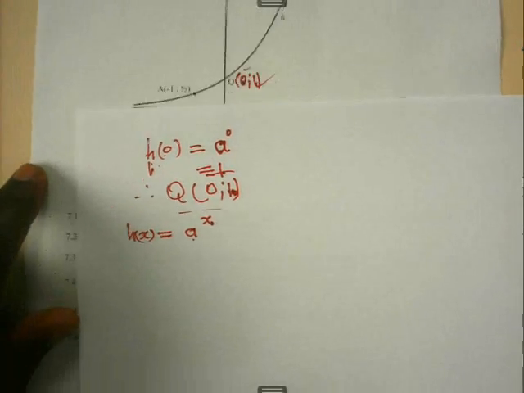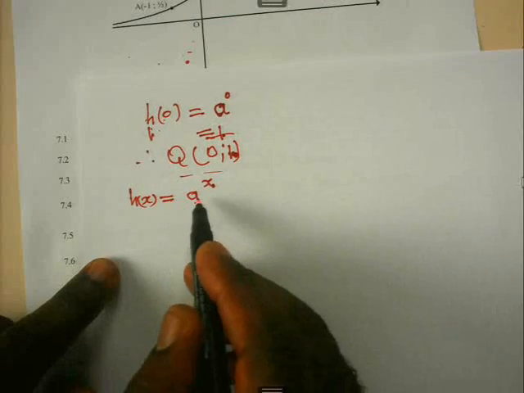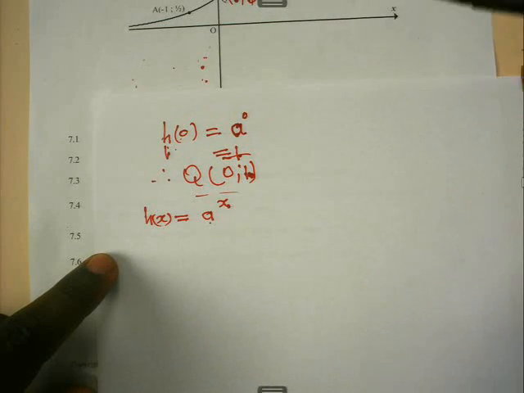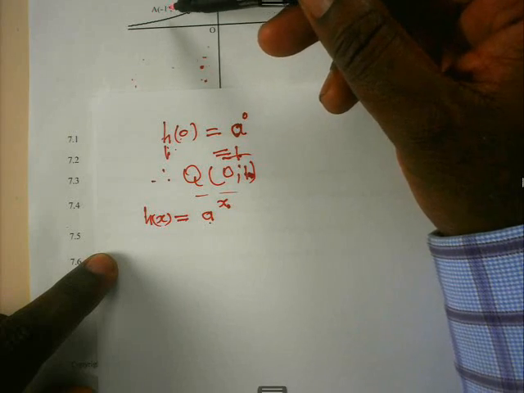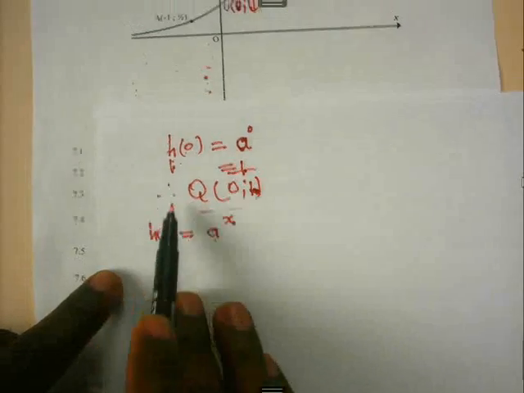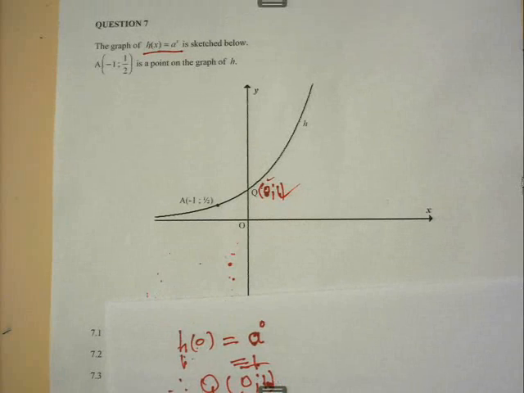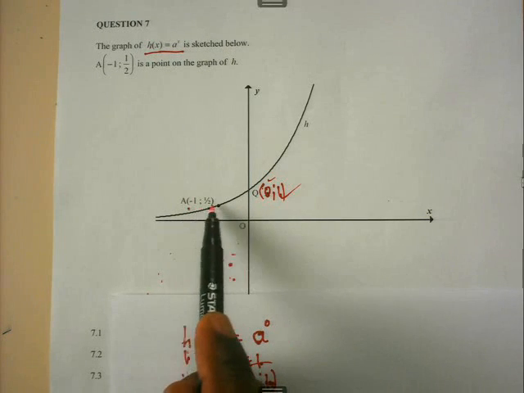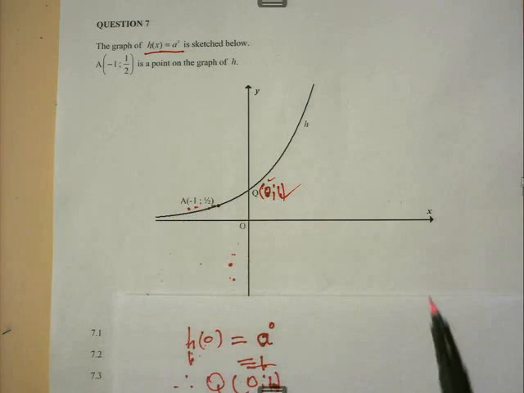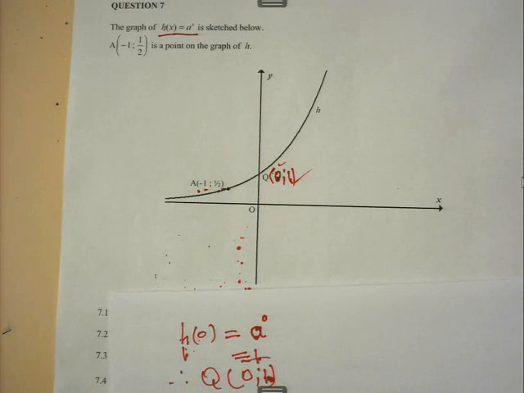And what are we going to use to determine the value of a? We are going to use the coordinates of point capital A. What are the coordinates of point capital A? They are -1 and a half. These are the points that we are going to use to determine the value of a.